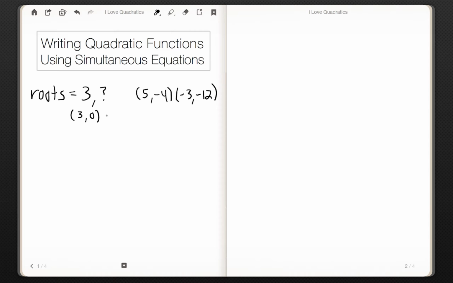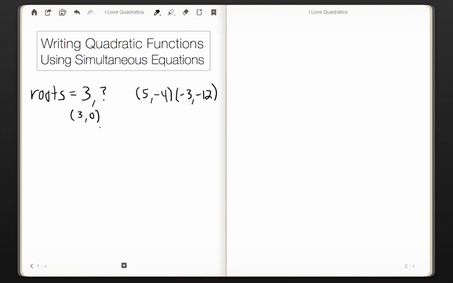So now we're just left with 3 points that are on the graph. So what can we do with that? Well, we can actually find the equation of the graph using just these 3 points, even though we don't know if any of them are the vertex. We know this is a root, but we're basically ignoring that by turning this into a point here.